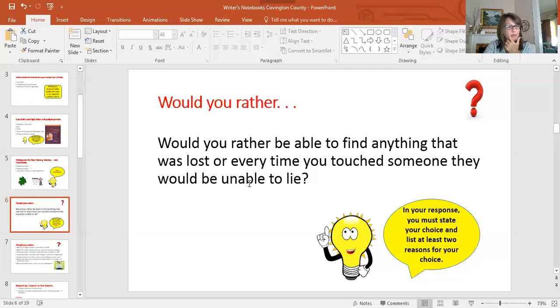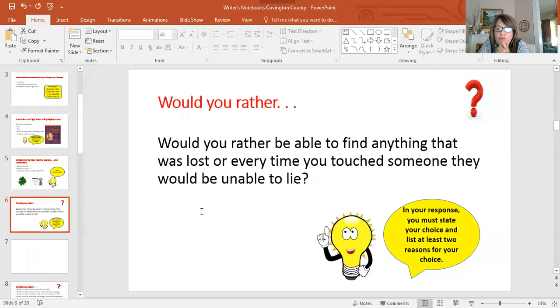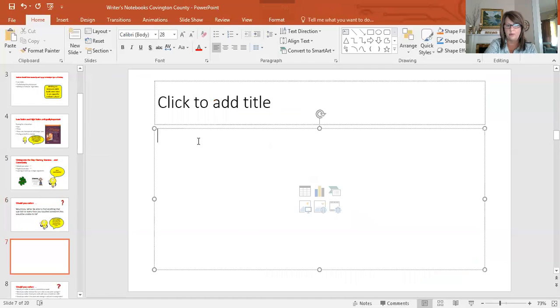So I'm going to model this. Let me add a slide. And let me look at this. Would you rather be able to find anything that was lost, or every time you touch someone, they would be unable to lie? Find anything that's lost or touch someone and they can't lie. All right, so I've made my choice, anything that was lost, and I'm going to make a claim.